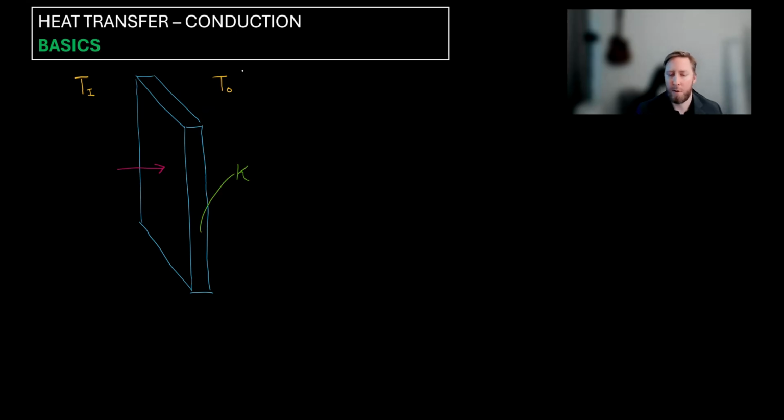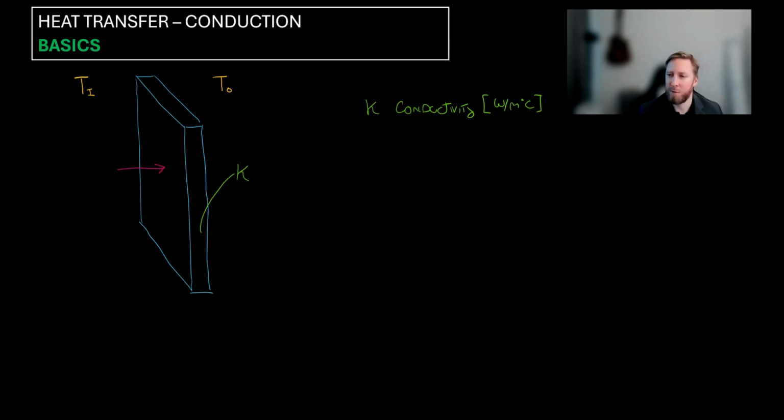Now, if we're going to quantify how much heat actually transfers through, it's important to know some of the material properties of this wall system. One of the most important is the thermal conductivity, which describes how well that material allows for the passage of heat.